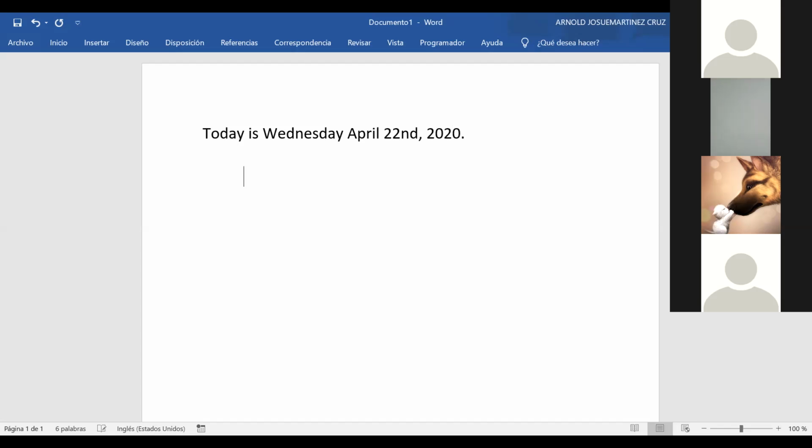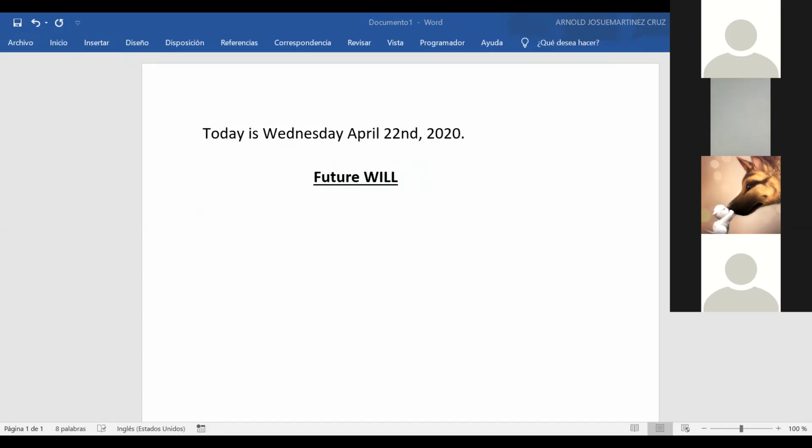Yesterday we said that now we talk about future what? Future will. And we said that this future will is used to make predictions, like the example of yesterday.